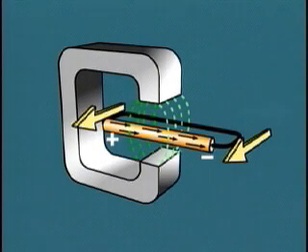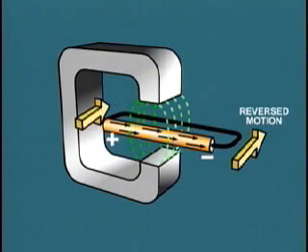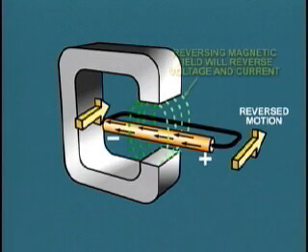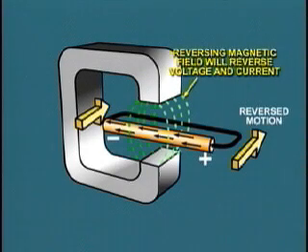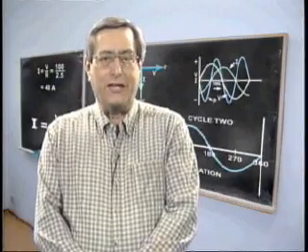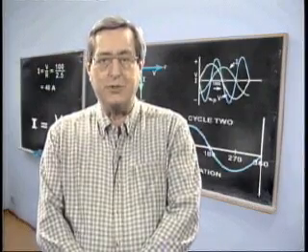Now, if we move the conductor in the opposite direction, then the voltage is reversed and the consequent current will flow in the opposite direction. Similarly, if we were to reverse the magnetic field, the generation of voltage and current will be reversed once again. So that is the basis of electricity generation by rotating machines.